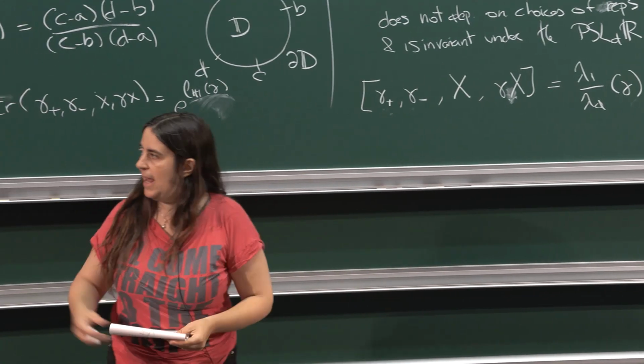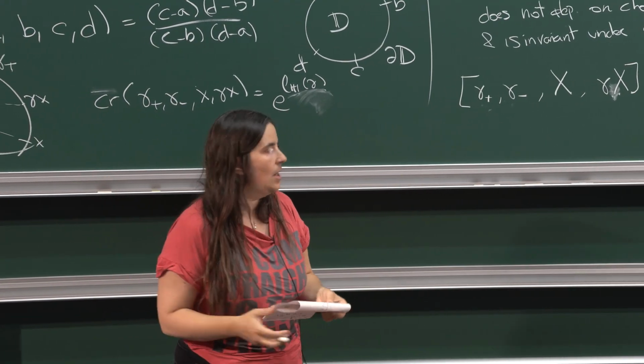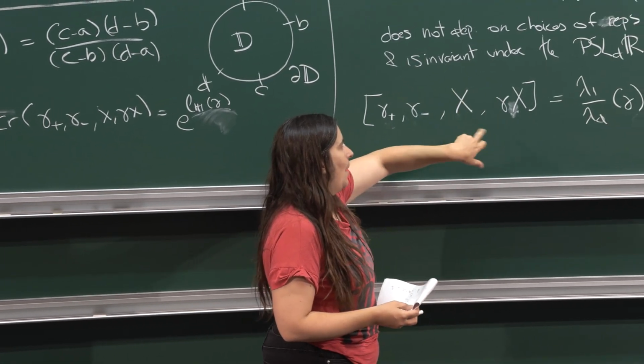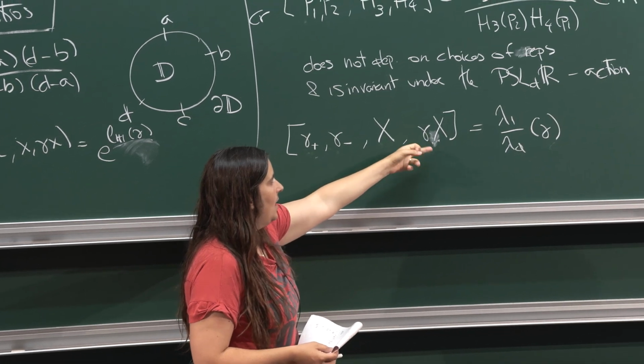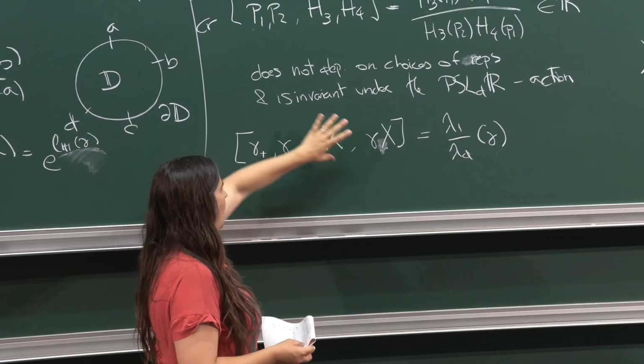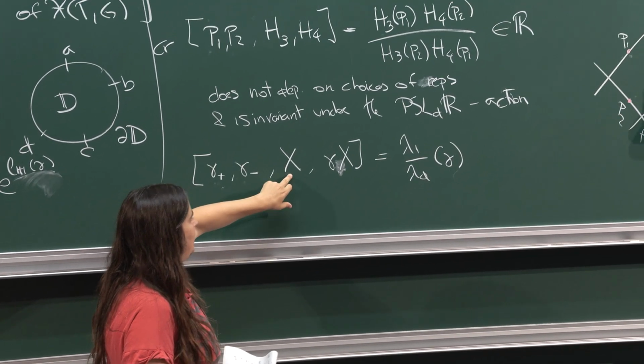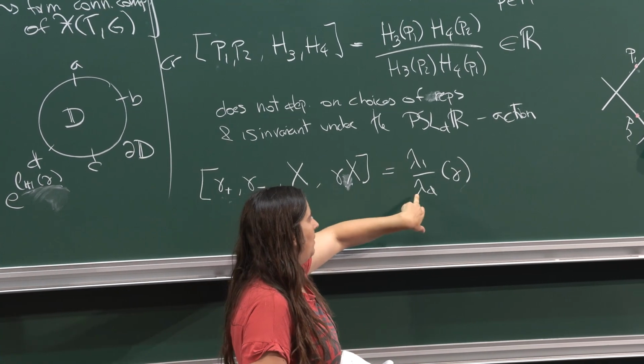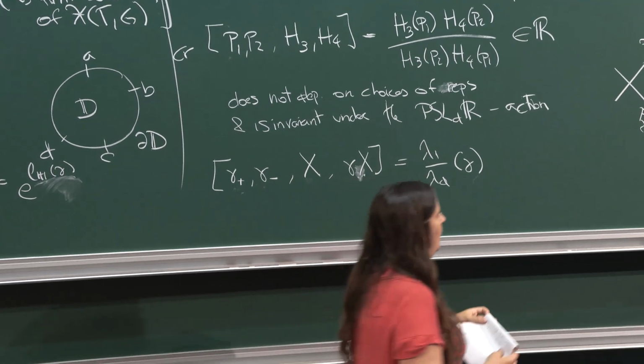It's always going to be the case for theta Anosov, for theta positive representations. And now, regardless of what hyperplane I take and what image I take, and I compute its image, and I compute this cross ratio, this is also independent of the point that I chose, and always spits out lambda 1 over lambda d.